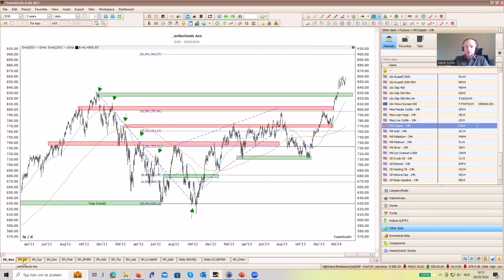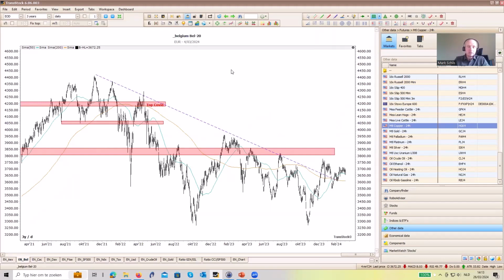When we look at another European index, I take another tab and we will show you the BEL 20. You will see that this is a totally different look. The Dutch went really nice upwards. The AEX made a new high, and for the BEL 20, we still see the downtrend line from the same top of 2022.